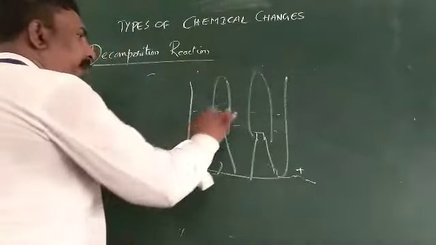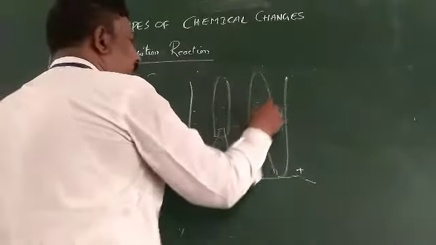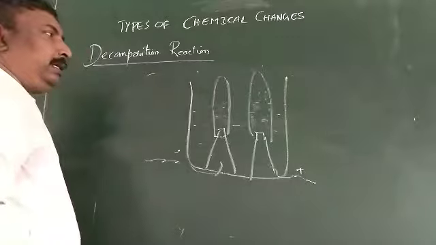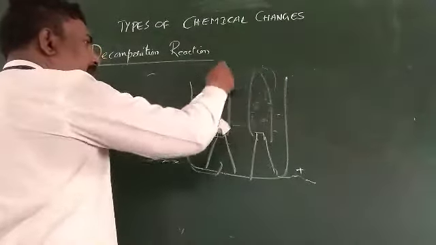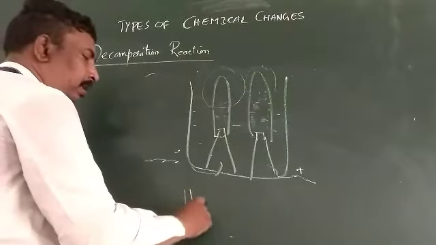So with the help of electric current, the water undergoes reaction. Then you can see that in one of the test tubes some gas will be there, and in the other test tube double the amount of gas will be there. What happened now?